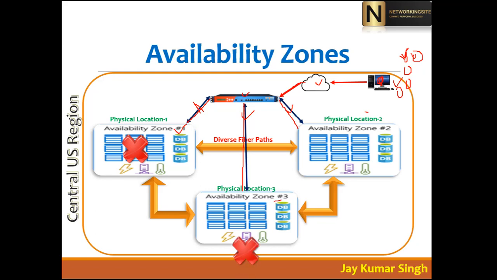If even zone 3 is also down, no problem, you have zone 2. So your clients, or you can say the YouTube clients, are still accessing YouTube, but they are not bothered about whether the YouTube server is in the US or in the UK. They just say, yes, I want to access YouTube, that's it.